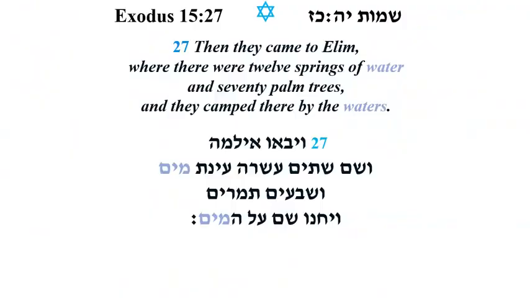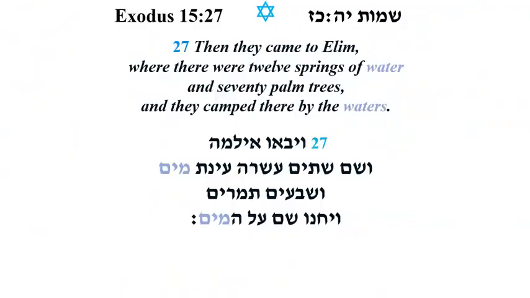We told you that Ayin was a letter. Ayin also meant "I." And Ayin also means a spring, out of which water comes, right? So here you have, there were 12 springs of water.